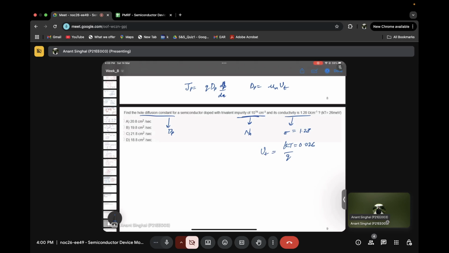Yeah, exactly. So mu p we will find from the conductivity and then we'll find the diffusion constant. That is true. So maybe you take 2-3 minutes and let me know if you have any answer, and then I'll also solve.